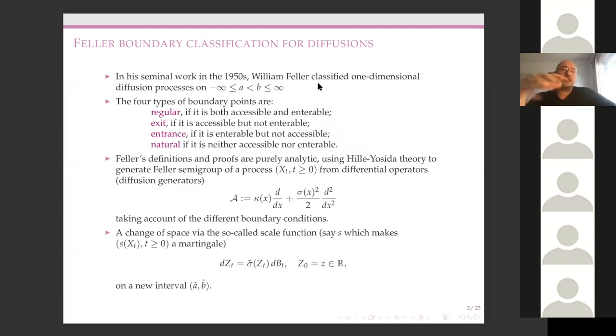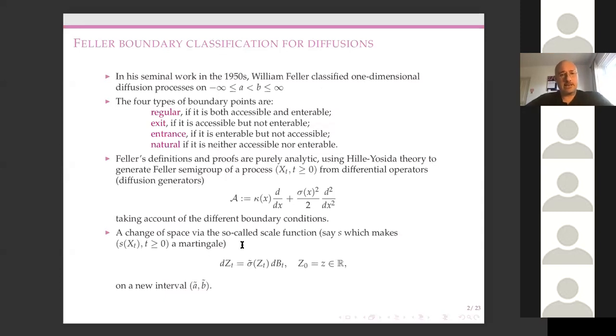Feller's analysis was largely based around the generator of the one-dimensional diffusion, using Hille-Yosida theory. His first trick was to get rid of the drift term, the term my mouse is circling here. This can be done by changing the scale, using the scale function.